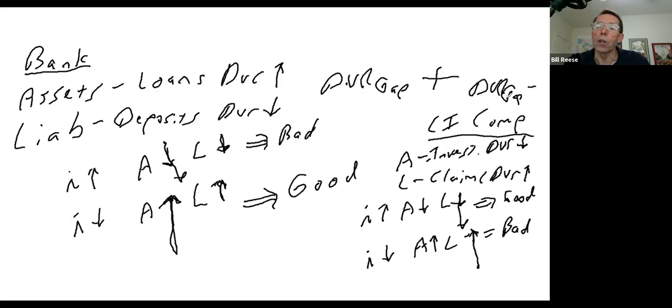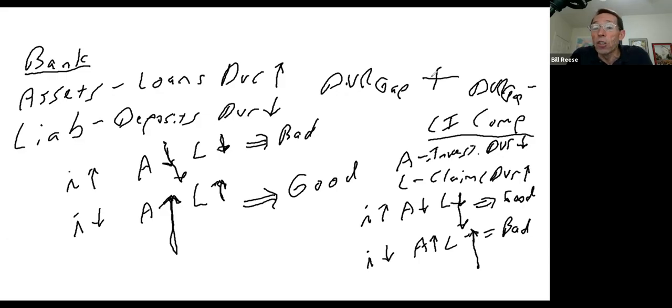The principle here is that any company that has a negative duration gap is going to be hurt when interest rates go down. Any company that has a positive duration gap is going to be hurt when interest rates go up, just in terms of this interest rate risk. So when we're talking about interest rate risk, we always want to ask the question: what is your duration gap?